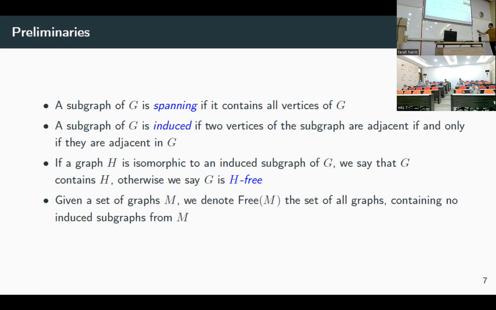So M contains C3, C4, and so on. I can have multiple graphs in M. Then we say that Free(M) is the set of all graphs without any of these graphs from M.